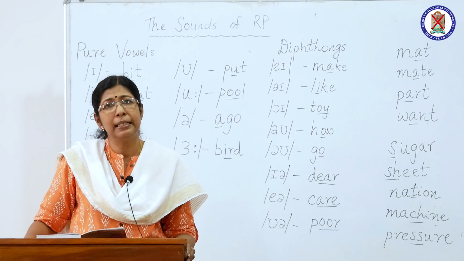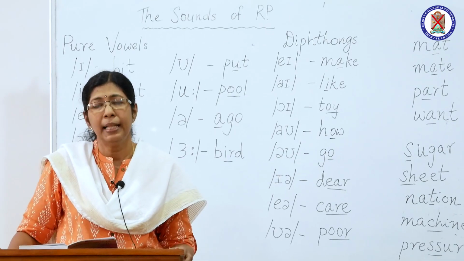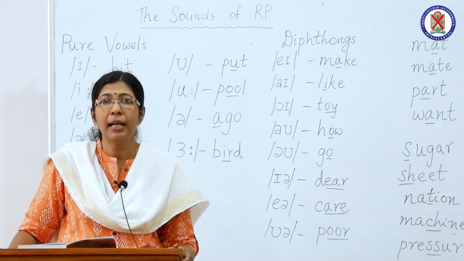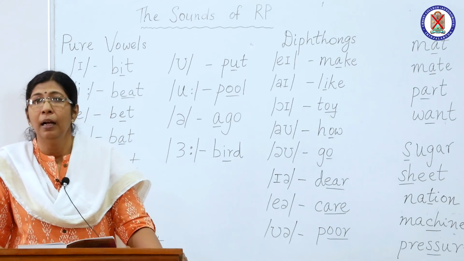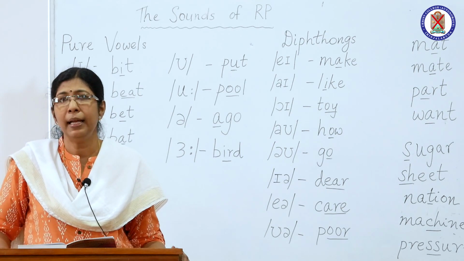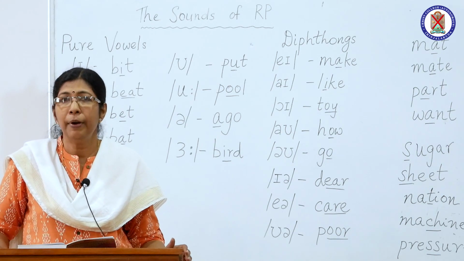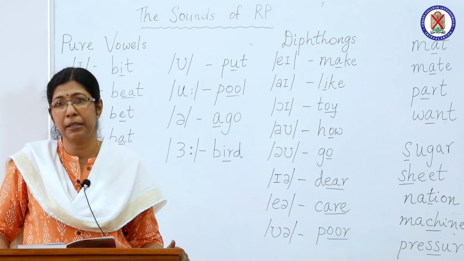Now, which is the dialect or which is the variety of English that has been chosen as the standard English? We know that broadly we can say that there are two varieties of English, British English and American English.